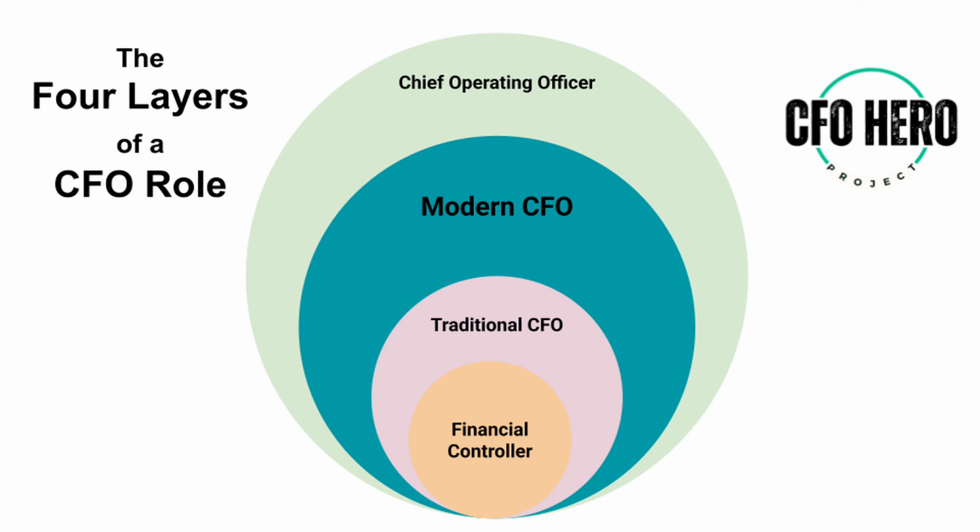Now let's talk about the fourth layer, the Chief Operating Officer, COO. Some small to medium organizations may not have this role. This is perhaps more for a larger organization. My role, for example, sits somewhere between a modern CFO and a COO role.